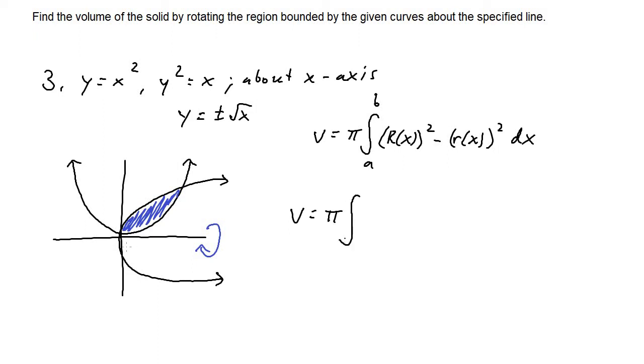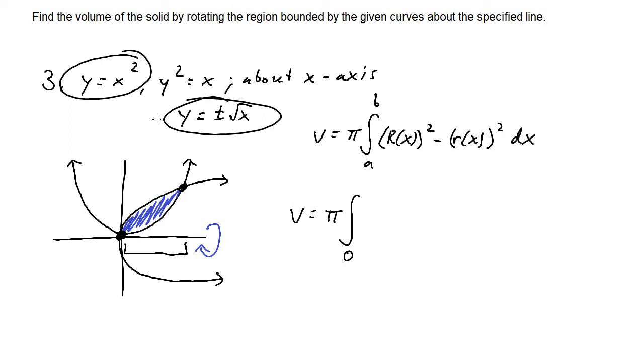Now for our a and b, our bounds of integration, obviously the origin is one intersection point, so the bottom bound is going to be 0. And then the top bound is the other intersection point. We can guess it's 1, but just to double check, we can set both of those equations equal to each other to find what the correct x value is where they intersect.